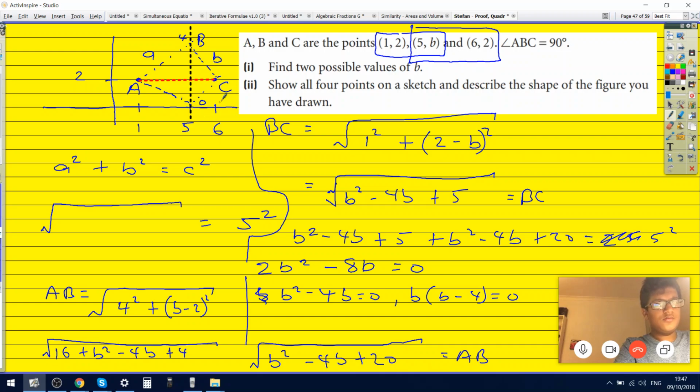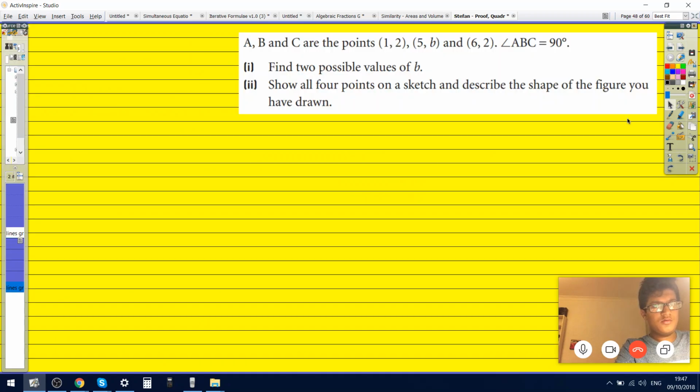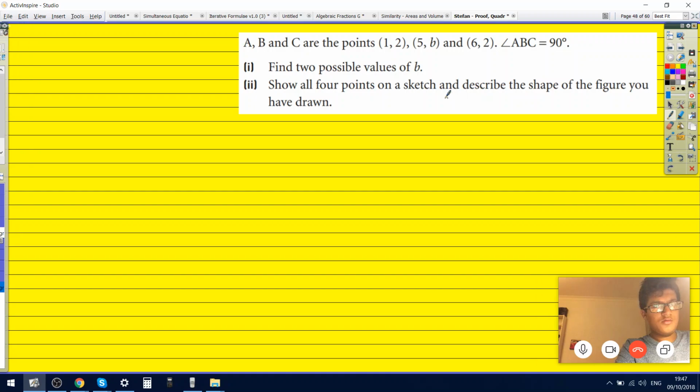I've thought of a much quicker way. We did it using Pythagoras. Another way to do it is using gradient. If they're at a 90-degree angle, then m1 times m2 equals minus 1.